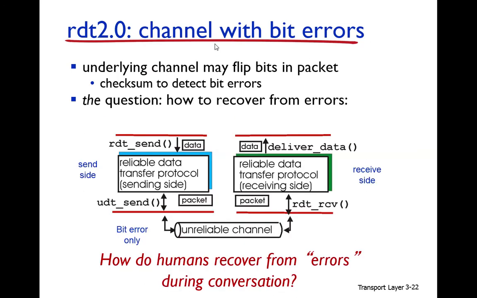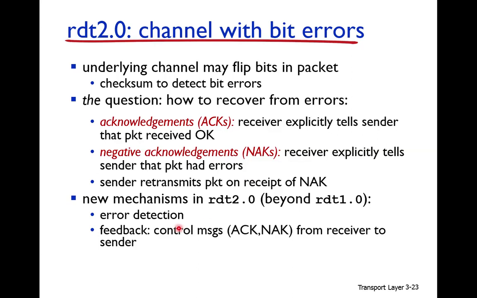So if the underlying channel has bit errors, the transport layer should do three things. The first is that the transport layer should use the checksum mechanism to detect the bit level error. Second, the transport layer should use the feedback mechanism. If the receiver receives the data without bit error, it should send an acknowledgement.